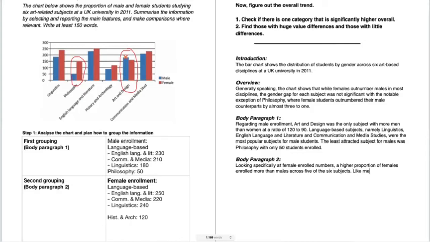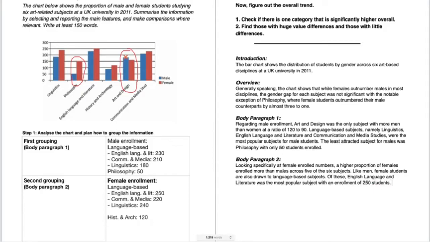We could see here, like men, female students are also drawn to language-based subjects. Now I'm including this because I want to also compare a bit the male and female enrollment, and that is true from looking at our graph. And I'll say here, of these, English language and literature was the most popular subject with an enrollment of 250 students. And again, we had that in our outline.